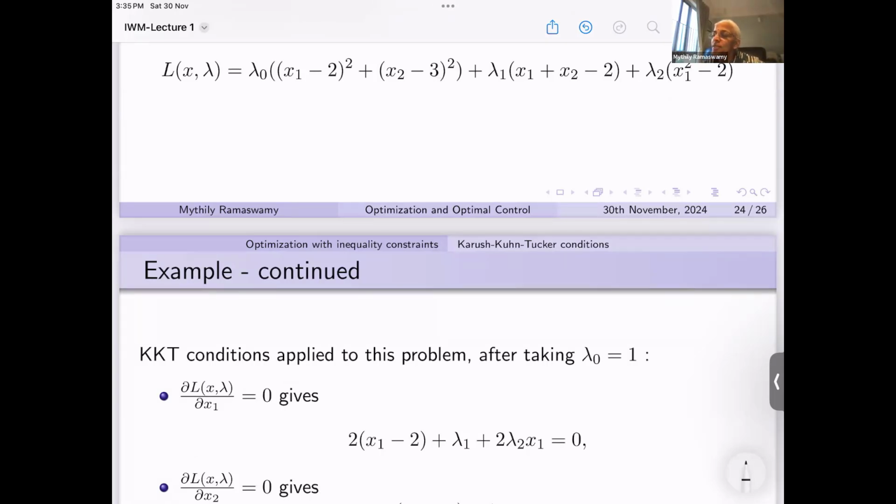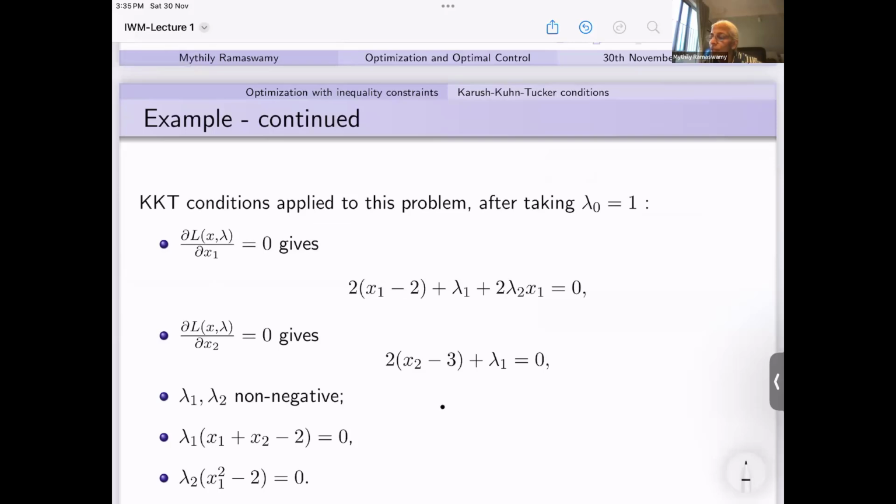Differentiating, from f naught I get 2 times (x1 minus 2); from the F1 function I get lambda 1, because it's linear; from the F2 function I get 2 lambda 2 x1, equal to 0. So I have one equation. Now differentiate the same L with respect to x2. Again lambda naught is 1, so I get 2 times (x2 minus 3) and lambda 1 into 1. So the second equation is 2 times (x2 minus 3) plus lambda 1 equals 0.